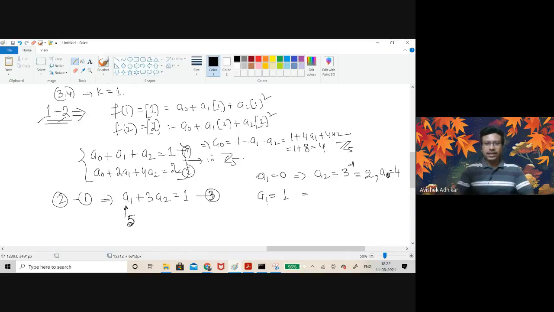So you see that there are 5 options. For each of these 5 options, you will get a different value of a0. So for a0 also you will get 5 different options. So it is for these two guys, the first participant and the second participant, when they come. Now suppose yourself, you do not have any share.